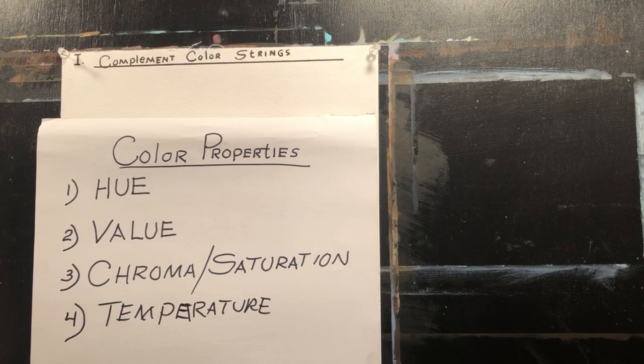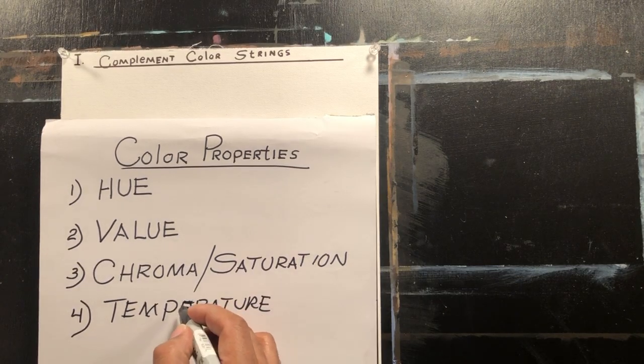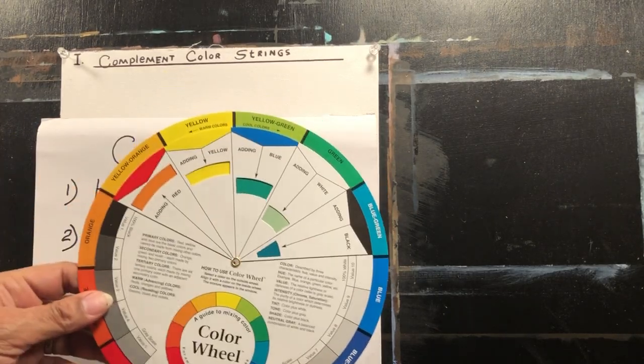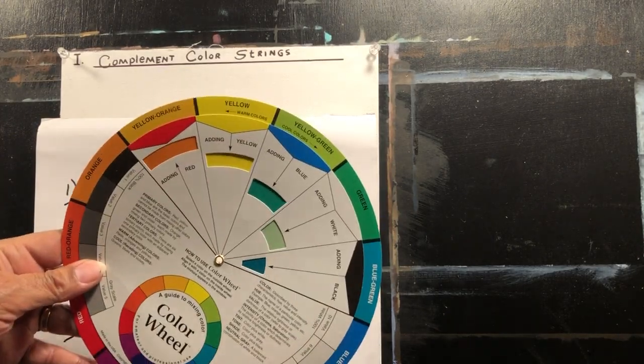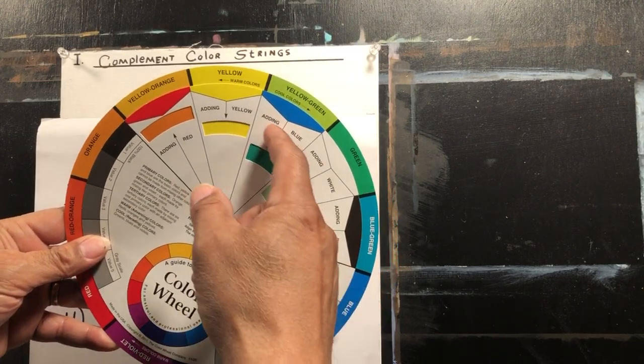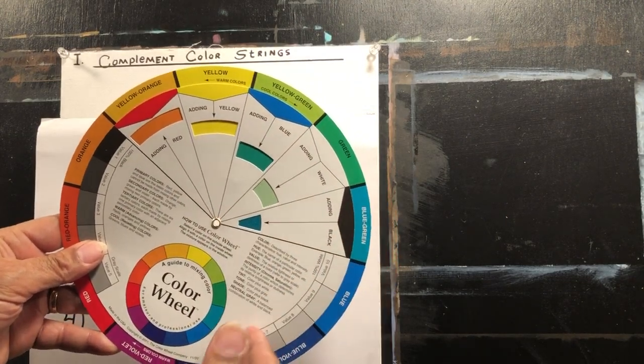Temperature is simply, as it states, the warmness or coolness of a color. If you remember our color wheel, we have our warm colors over on this side and our cool colors over on this side.